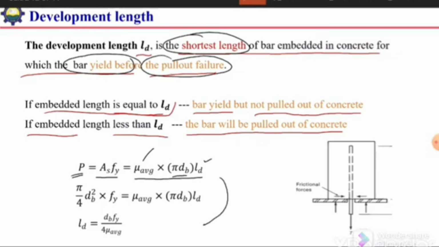When we rearrange this equation, we get LD equal to the diameter of the bar times Fy divided by 4 times the average bond strength. So this LD is our required development length to cause the yielding of the bar. To get the maximum benefit, the embedded length should be equal to or more than this value.